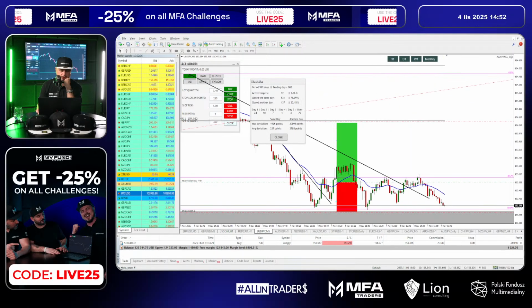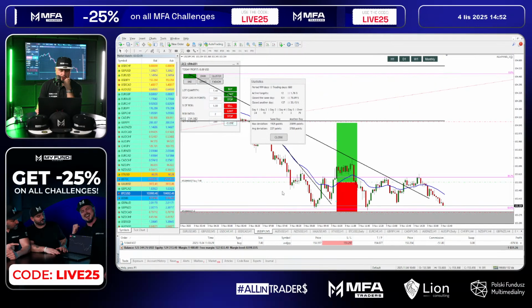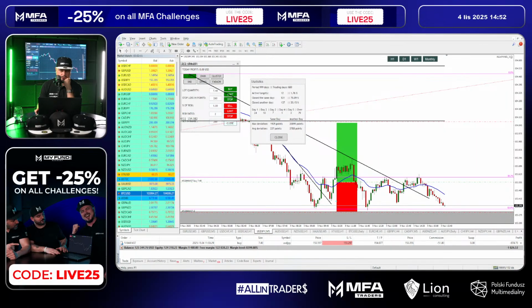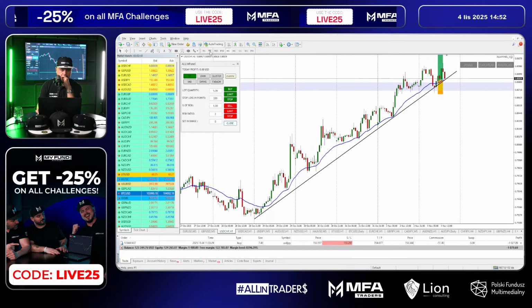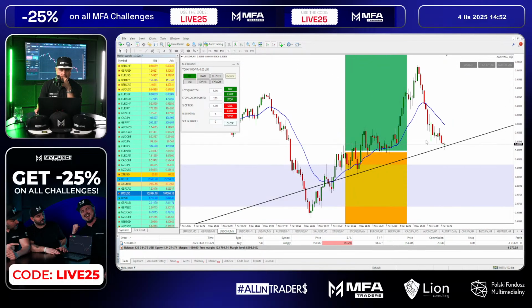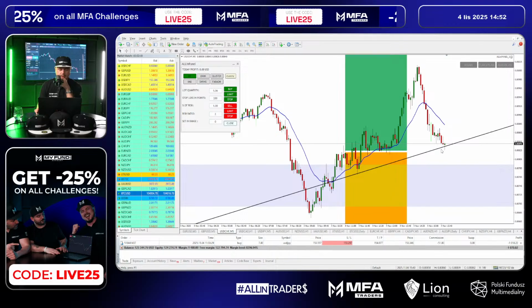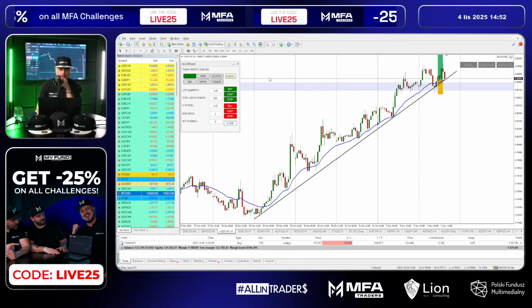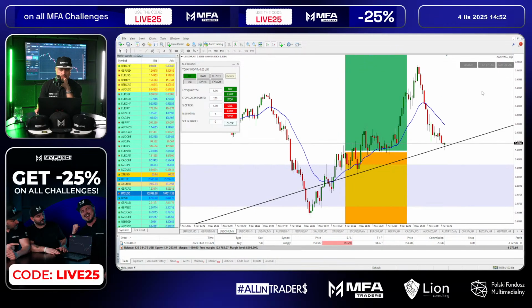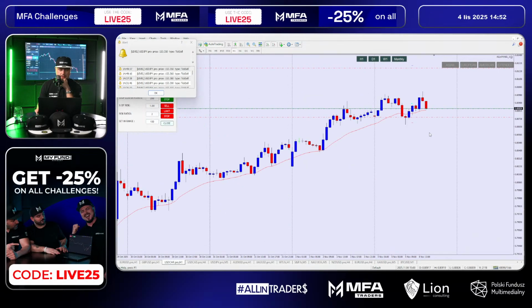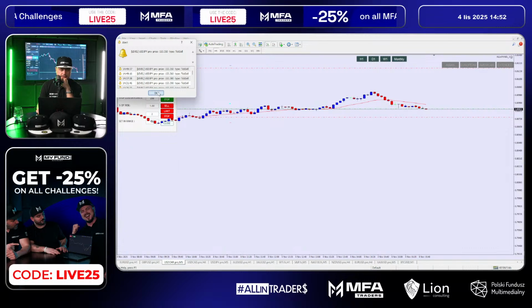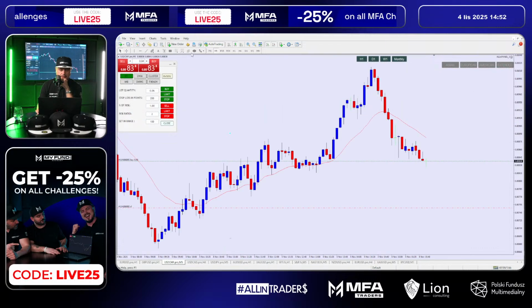I don't mind. USD CHF, they stopped at the trend line, which is good. Okay, let's check this trade over here. Here the CHF, yes, they stopped at the trend line.